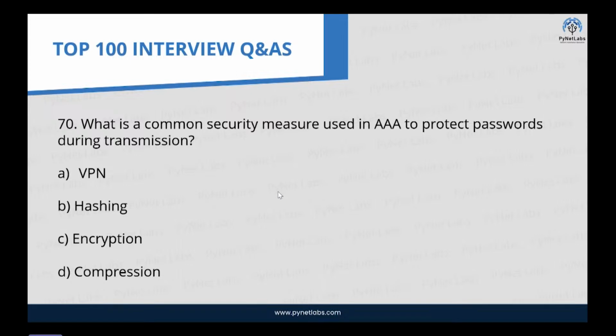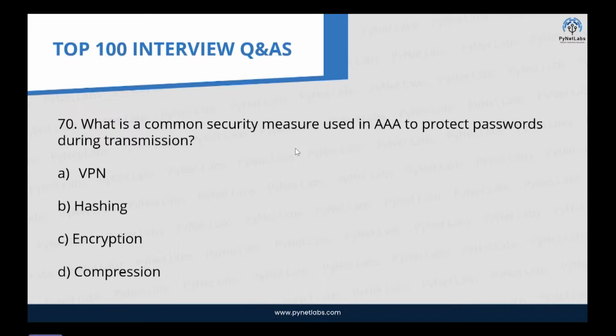So guys, the correct answer for this question is going to be option number C, that's encryption, because before transmitting the authentication credentials, the system encrypts the data using a secure encryption algorithm. This process transforms the plain text passwords into ciphertext, making it difficult for attackers to decipher it.